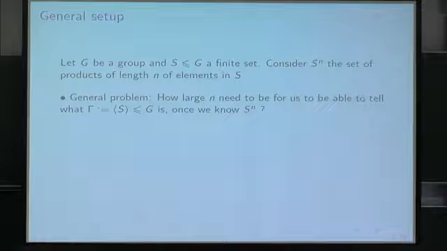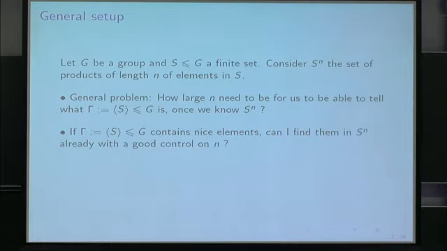For example, this is a question which was addressed by Michael de La Salle at the beginning of the week. So suppose that you have a group, you want to know the group by just knowing some part of the Cayley graph. Okay, so that's a very, very general problem. I won't really be talking about this, but it's just to set ideas.